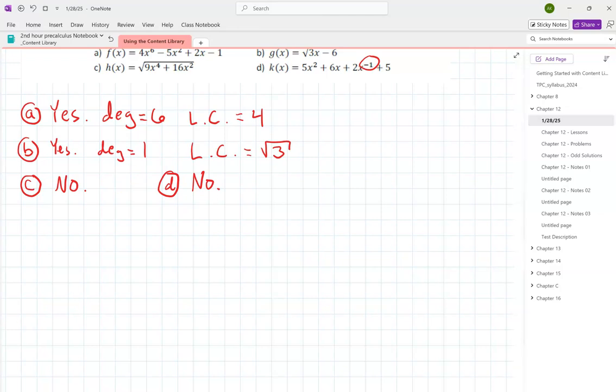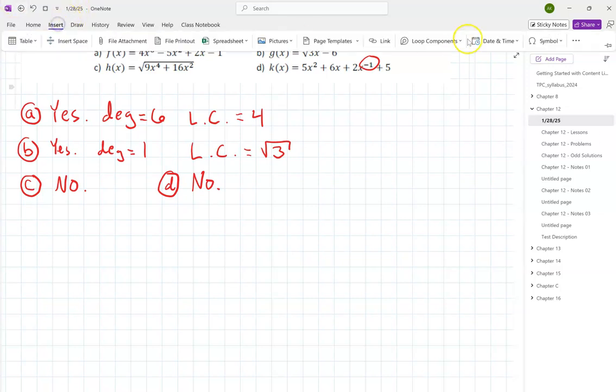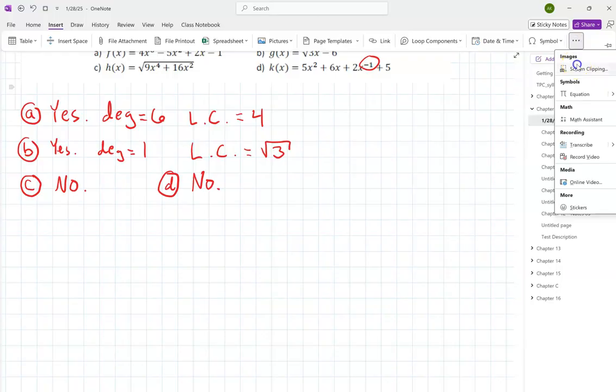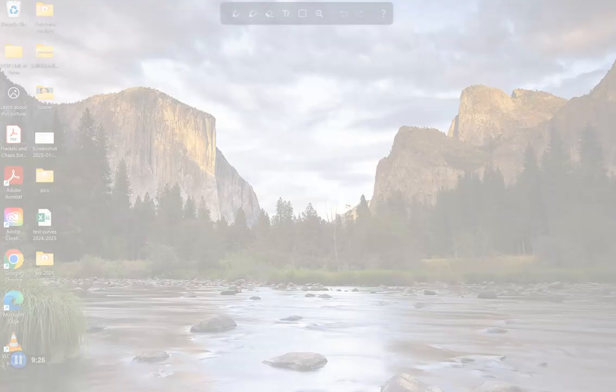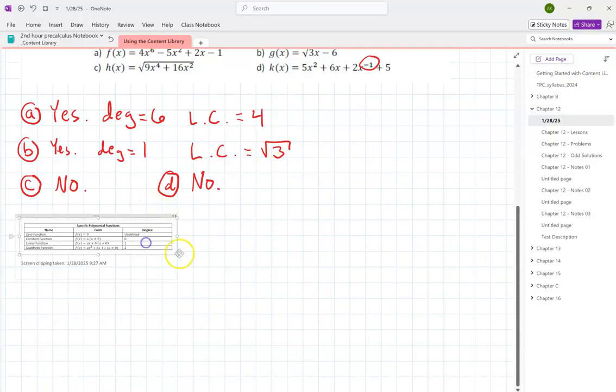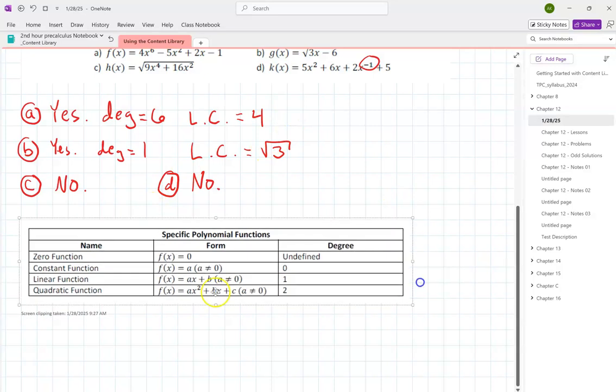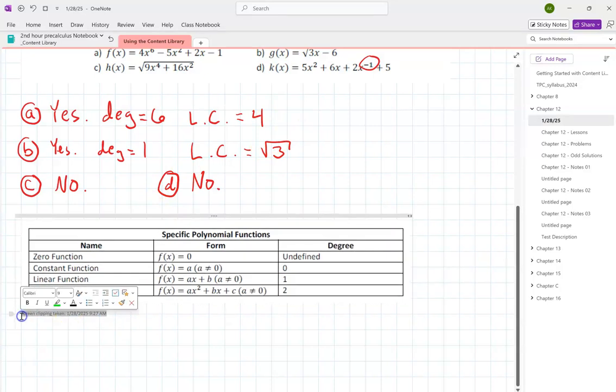Not too bad. Another way we can name or classify polynomials is by their degree. So we have names for these.